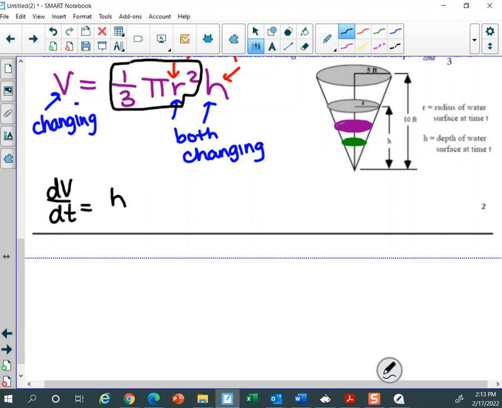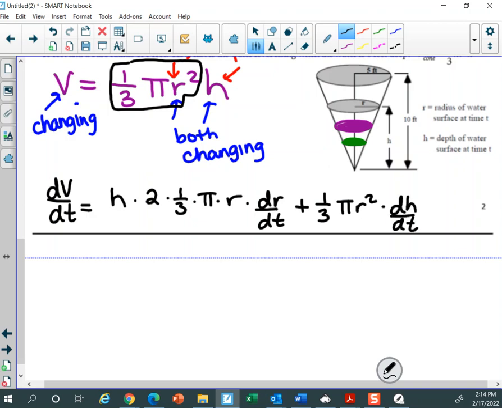So if I keep the H, and then I take the derivative of 1/3 pi R squared, it'll be 2 times a third times pi times r times dr dt, plus 1/3 pi r squared times dh dt.